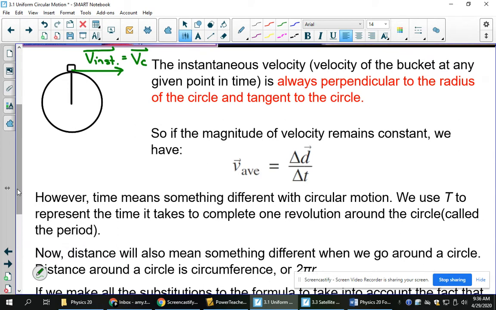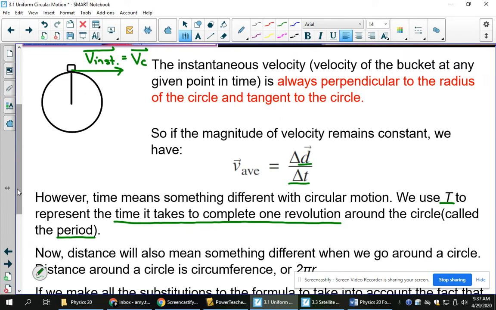So we change time to be a capital T, and it really does represent time, but when you're going around a circle, it's the time it takes to complete one revolution. We call this the period. We study this a lot in Math 30, and we'll study it again when we do waves in the last unit.